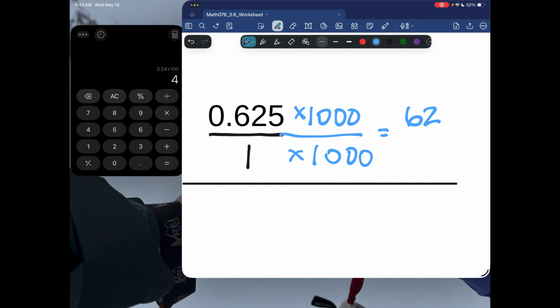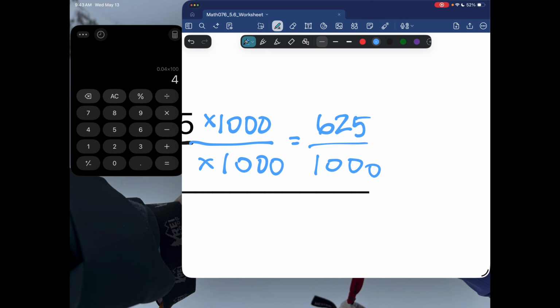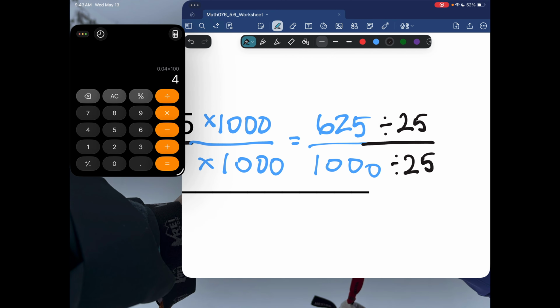I get 625 over 1,000, which I need to reduce because I see that they both have a 5 in them. And actually, I'm going to go further, and I'm going to say they both have a 25. I'm going to try taking out 25 and see what happens. 625 divided by 25 gives me 25, and then 1,000 divided by 25 gives me 40.